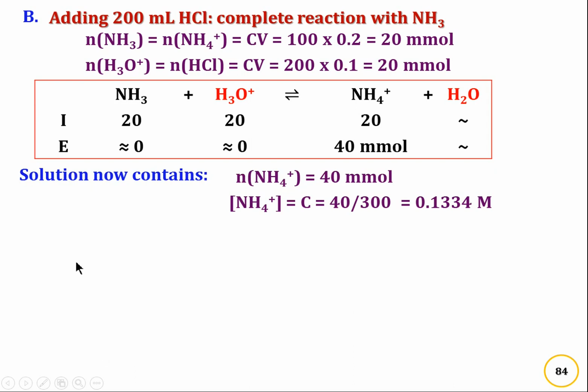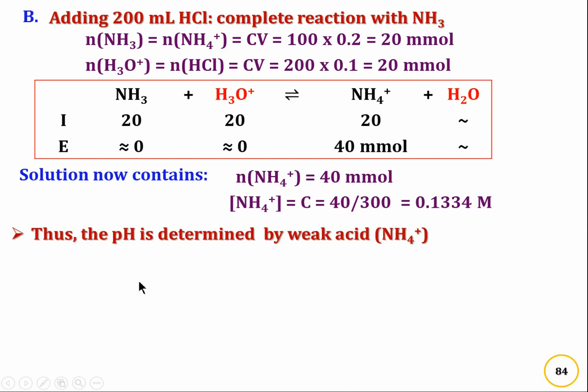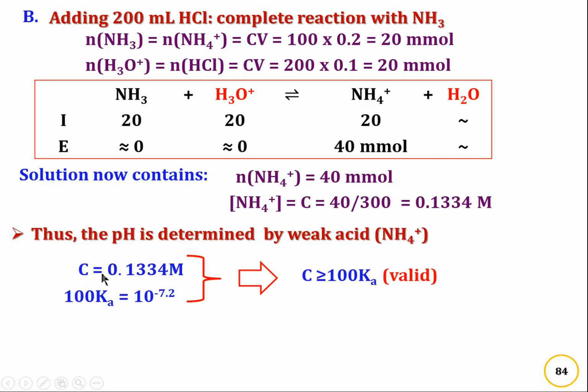The pH of the new solution is the pH of the weak acid NH4 plus. So we return to the domain of validity of a weak acid. We compare the initial concentration with 100 Ka, C0 greater or equal 100 Ka.